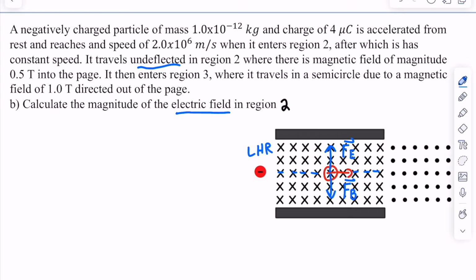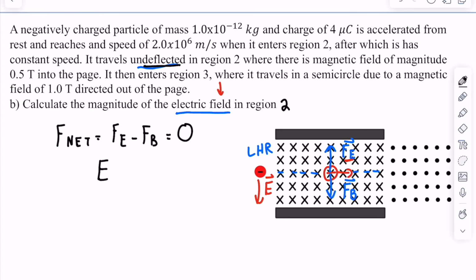And this is where questions often will try to trick you. Since the electric force is up and it's a negative charge, that means the electric field in this region has to be down. To find the actual magnitude of it, the net force is the upwards electric force minus the downwards magnetic force, and it equals 0 because it's undeflected.